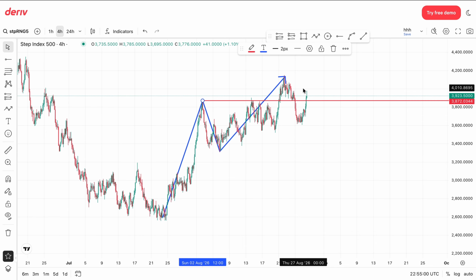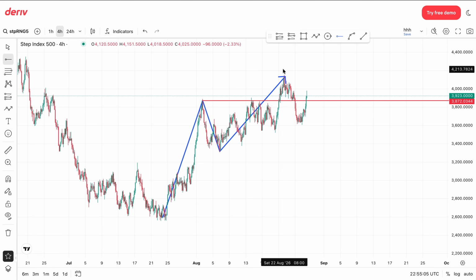So anything from here, I'm buying and hoping to see price make a new high, because this is the current high. I'm hoping price comes and maybe gives me an equal high. If it's not going higher, it gives an equal high, maybe drops, or goes higher.